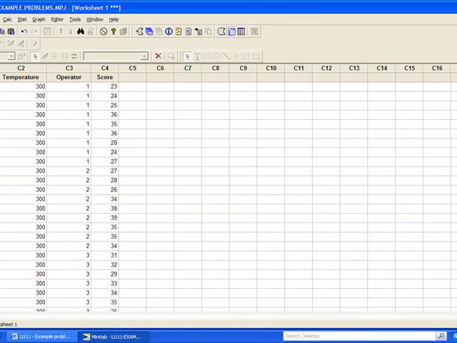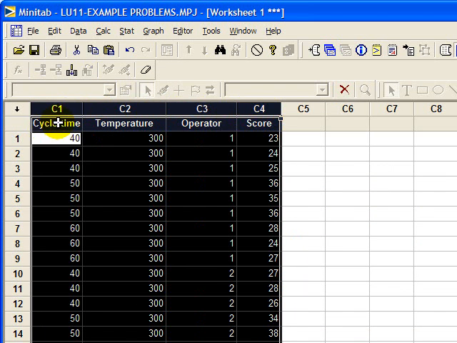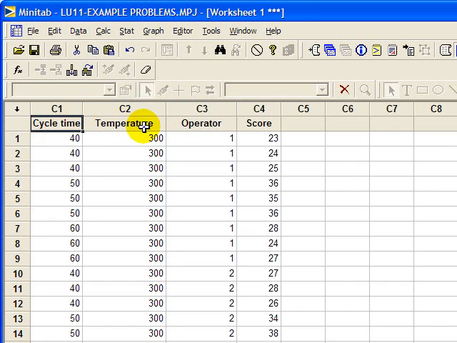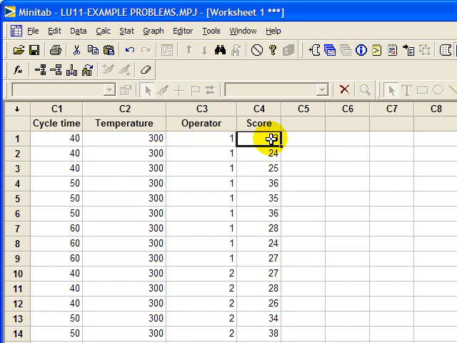So you can see I have four columns. The first column is cycle time, the second is temperature, and the third column is operator, right? And I have listed their levels in each row, 40, 300 and operator 1, and I have listed the score here, 23.